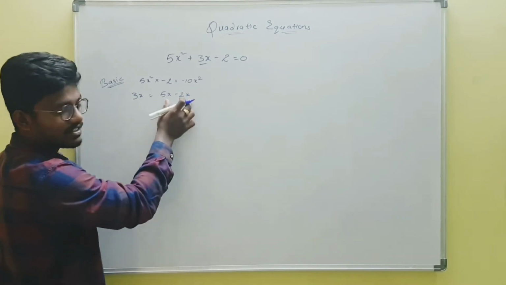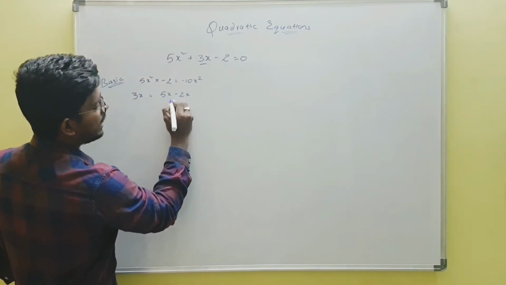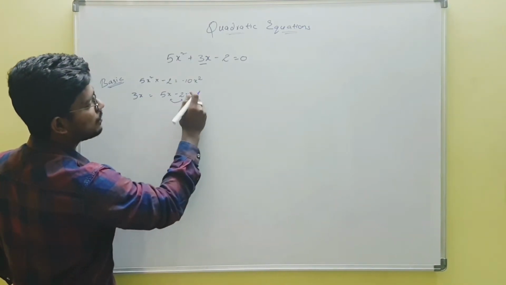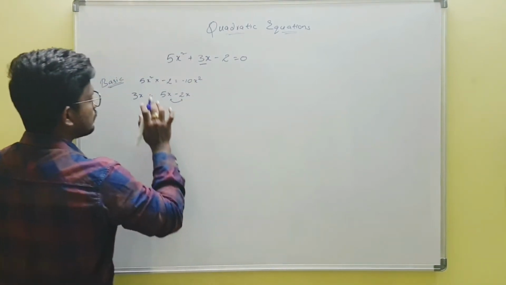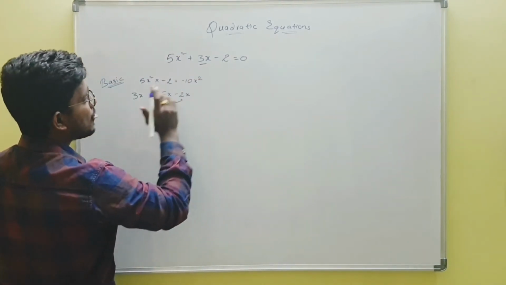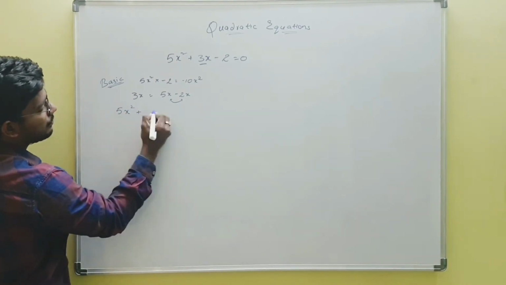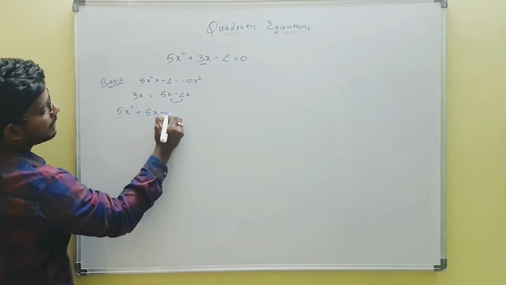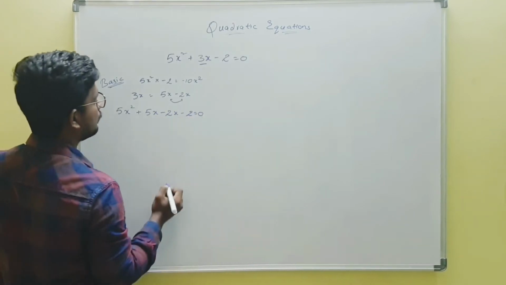See, 5x minus 2x is equal to 3x, which is satisfied, and 5x into minus 2x is equal to minus 10x square, hence satisfied. So I will take 5x square plus 5x minus 2x minus 2 is equal to 0.